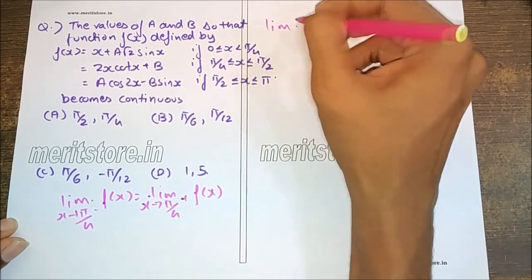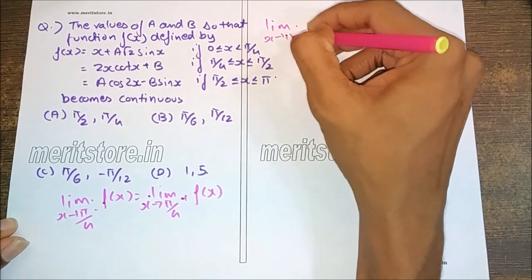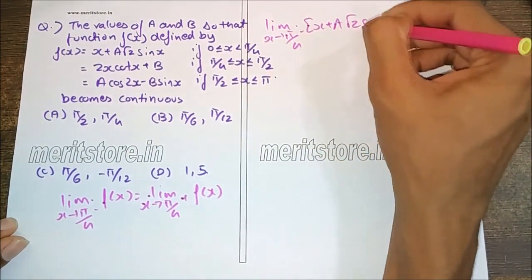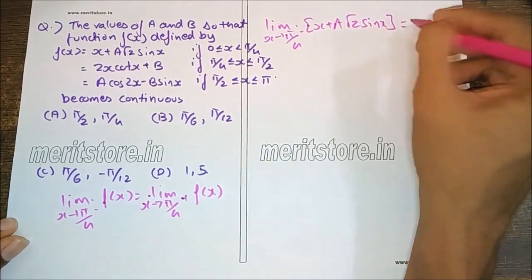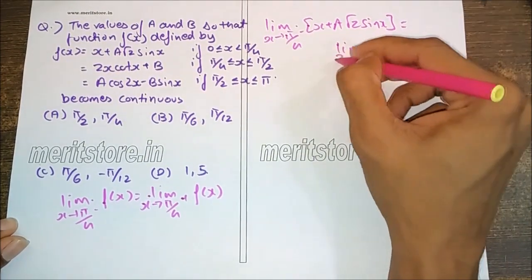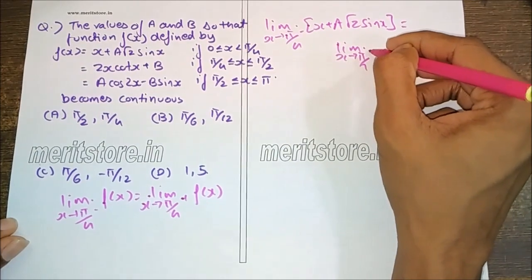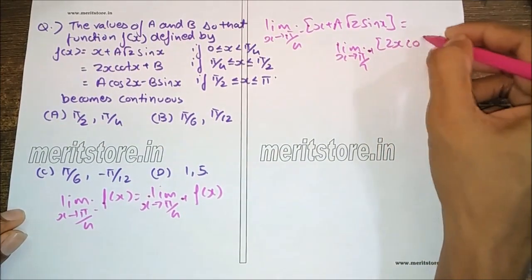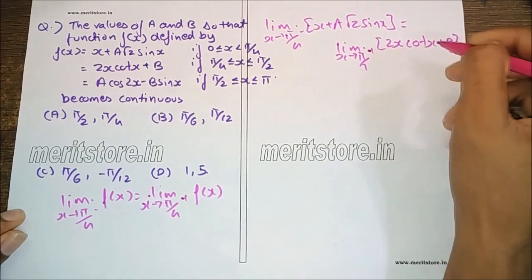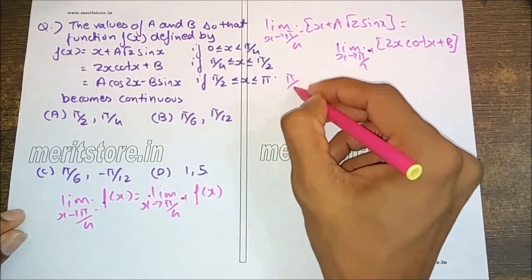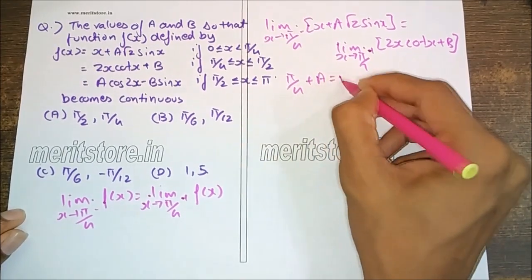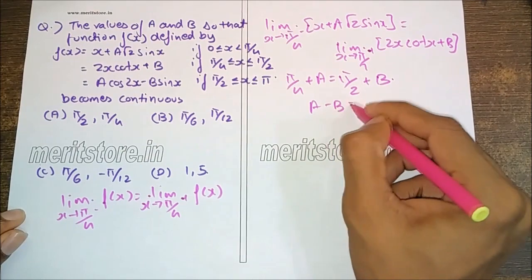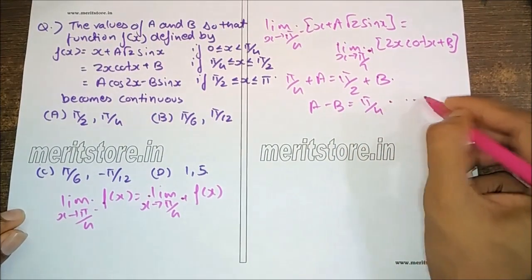We get limit x tends to pi by 4 from the left hand side x plus a root 2 sin x equal to limit x tends to pi by 4 from the right hand side 2x cot x plus b. Further, we get pi by 4 plus a equal to pi by 2 plus b, which is a minus b equal to pi by 4, which is equation 1.